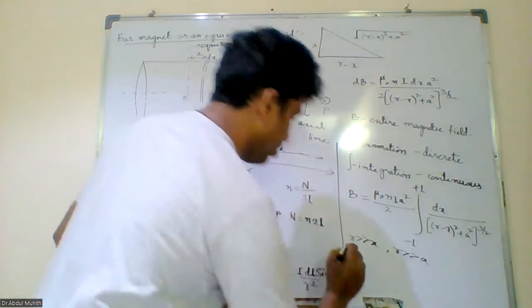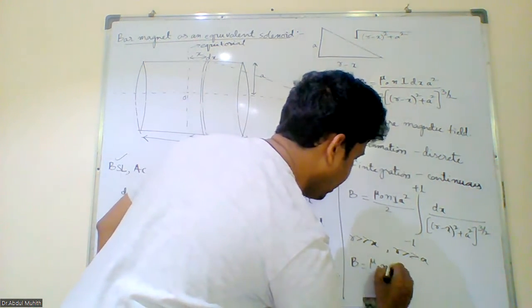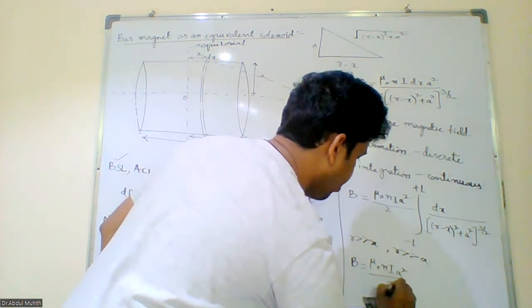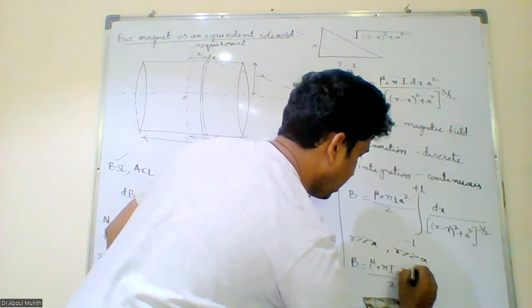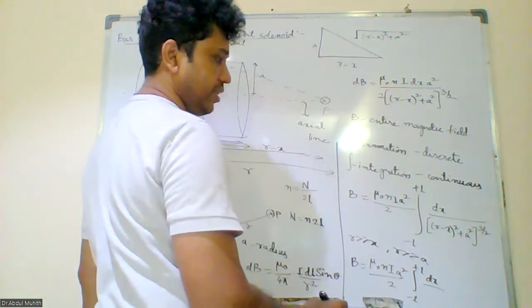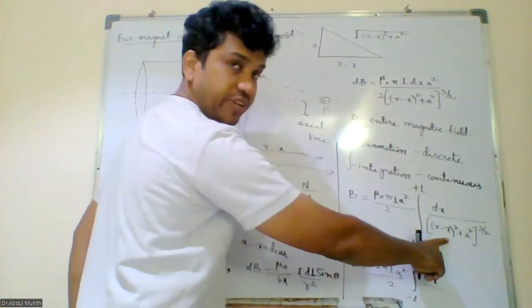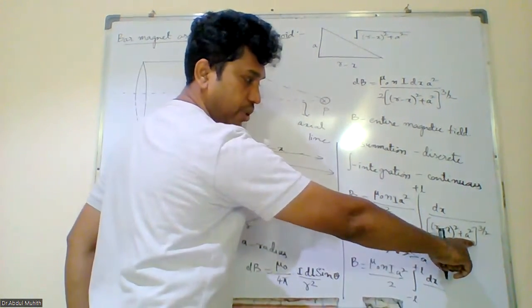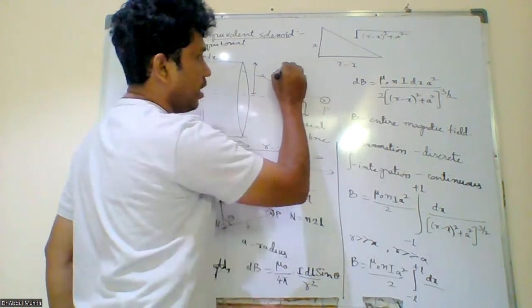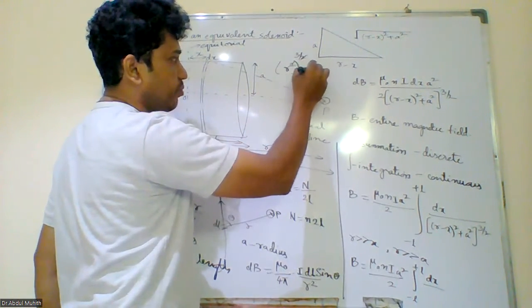So B is equal to mu 0 I A square divided by 2, the integral from minus L to plus L of dx divided by what? Only R square will be left. X is very, very small. A is also very, very small. So R square whole to the power of 3 by 2. So 2 and 2 will go away. R cube will be remaining.